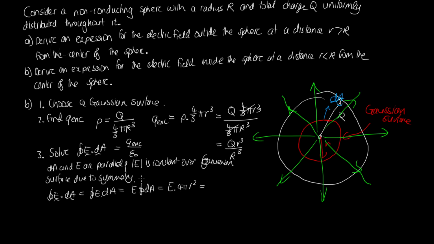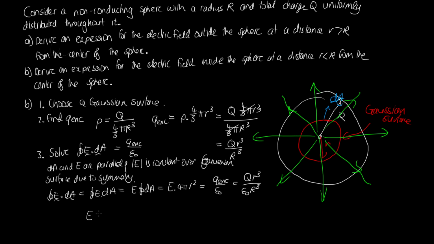And then from Gauss's law, we know that this is equal to Q enclosed over epsilon naught, and we calculated Q enclosed here. So it's Q little r cubed over epsilon naught times big R cubed. Okay, so what we're trying to do is find the electric field, so we'll want to solve this.